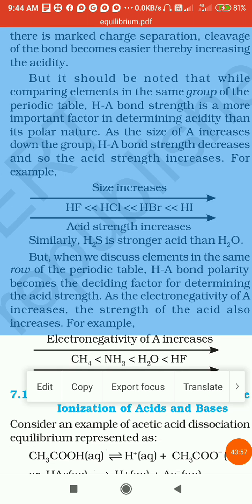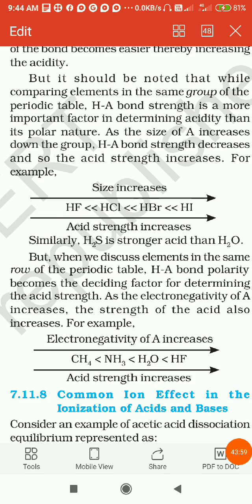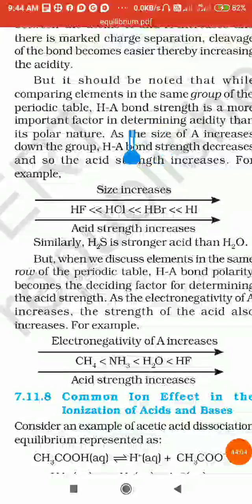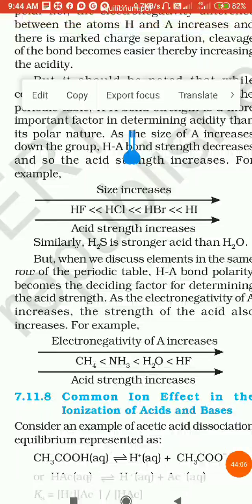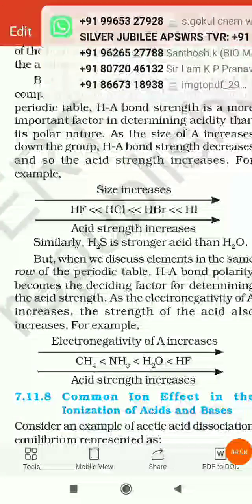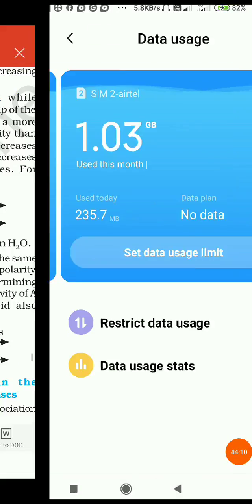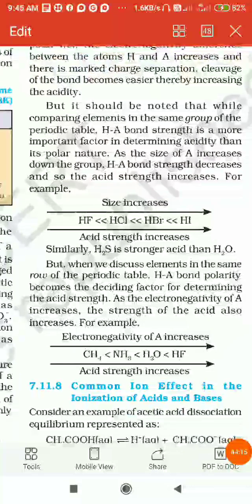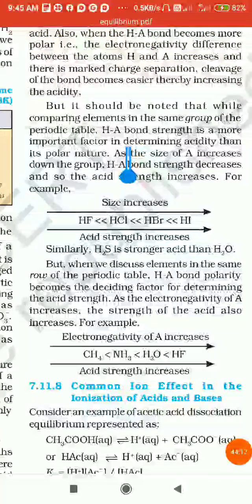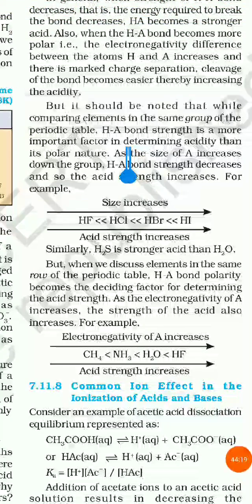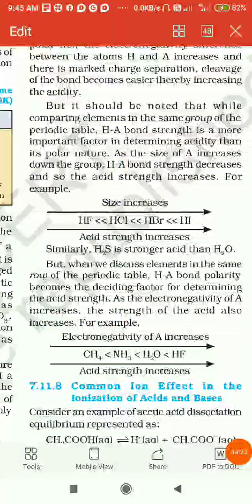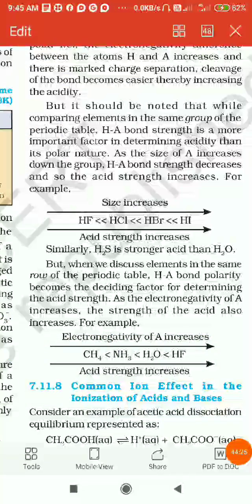So let us see this formation. As the size increases down the group, the H-A bond strength decreases, and so the acid strength increases gradually.